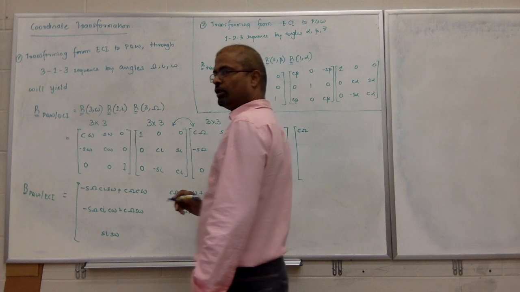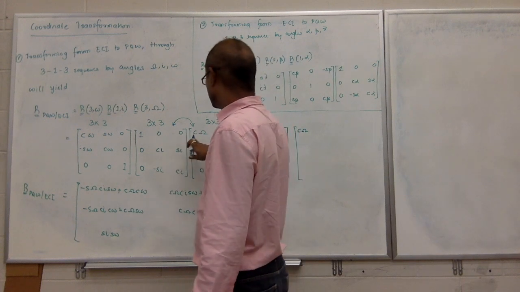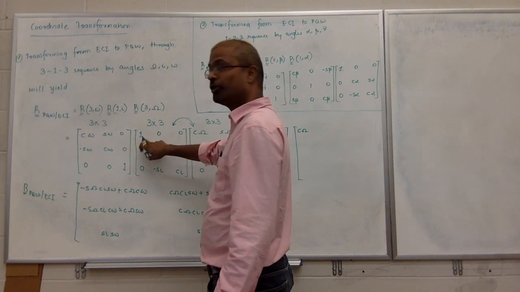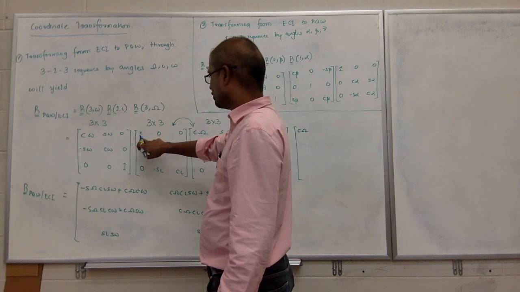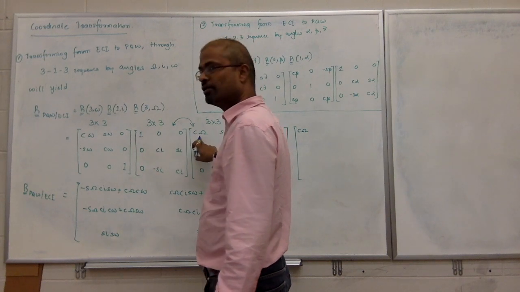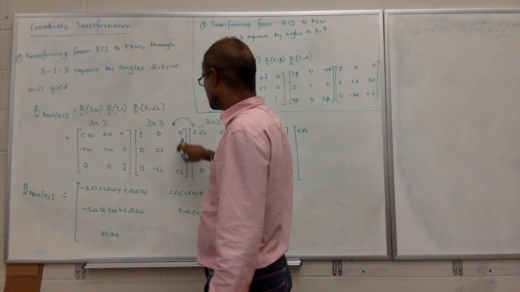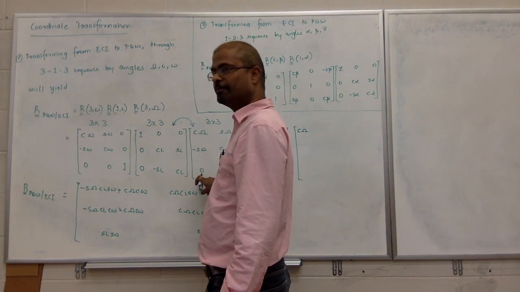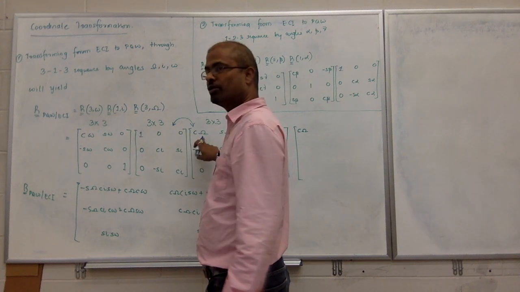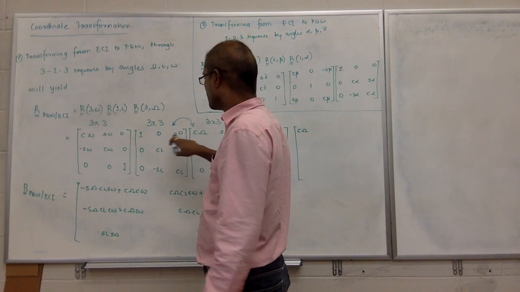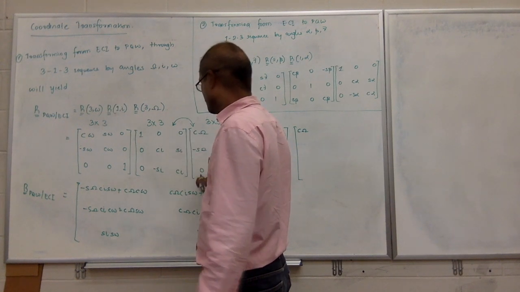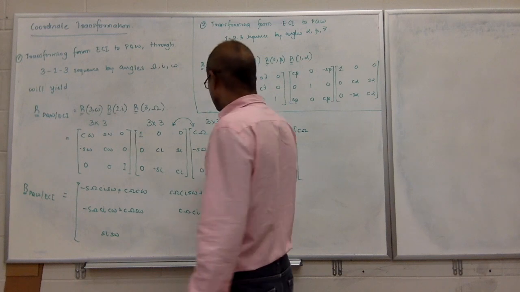And the rest is, Anthony, you need to pay attention, okay? Just look down perhaps. 1 into this, the rest is this into this, this into this. You get it? So only cosine omega remains: 1 into cosine omega plus 0 into this plus 0 into this. This is that element.